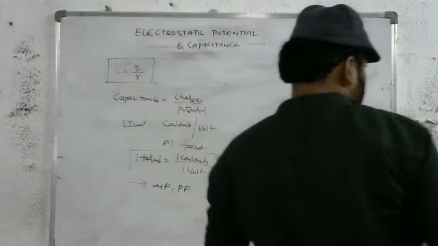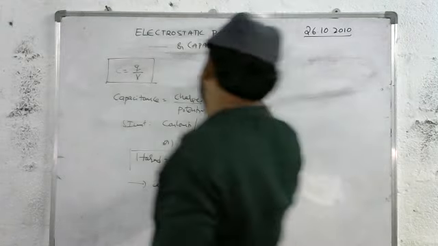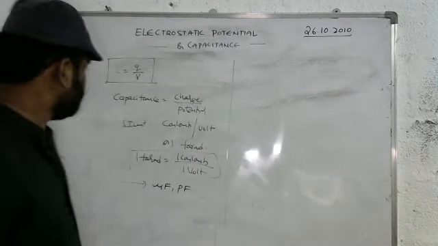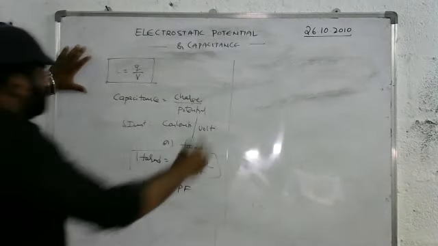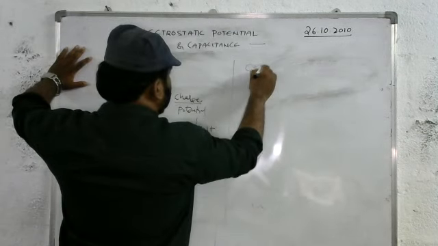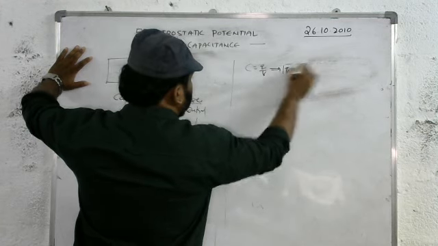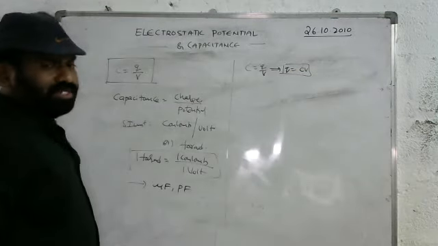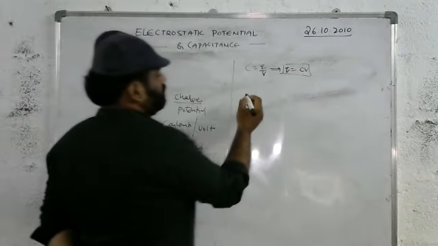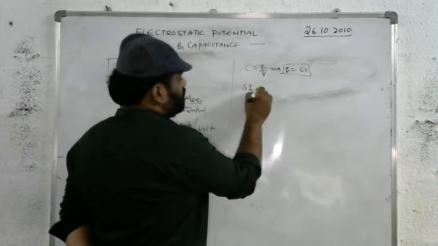Right. Next. From C equals Q by V, the charge Q is equal to C into V. Now first we have to learn SI units.